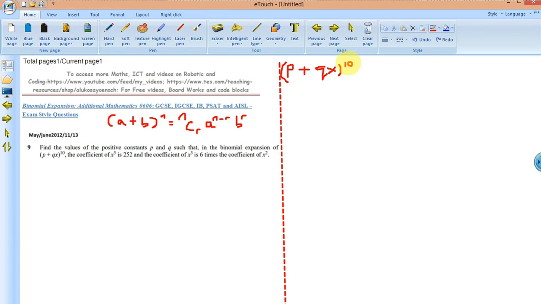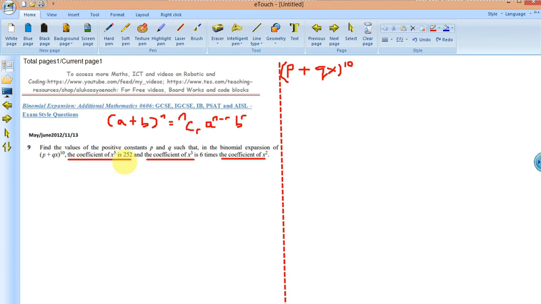Guys, don't forget that what I want to do is to use the general term for binomial expansion based on coefficients. For example, your n is 10, and for this very first part of the question r is 5. For this next part of the question r is 3, and for this last part of the question r is 2, and we're going to use this same here.